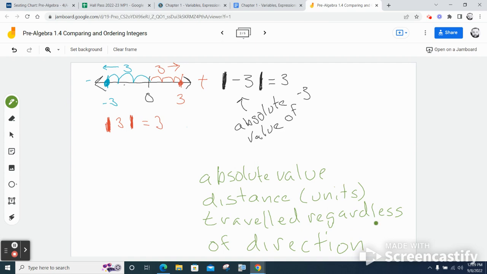Okay, so absolute value is the total number of units regardless of whether we have a gain or a loss.